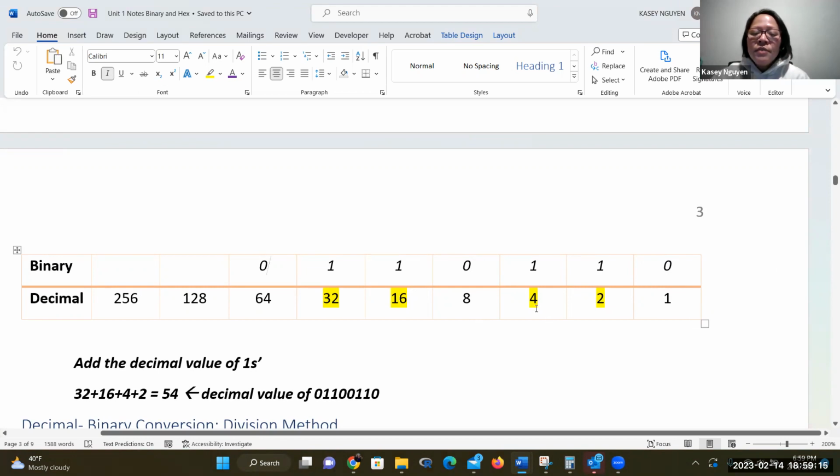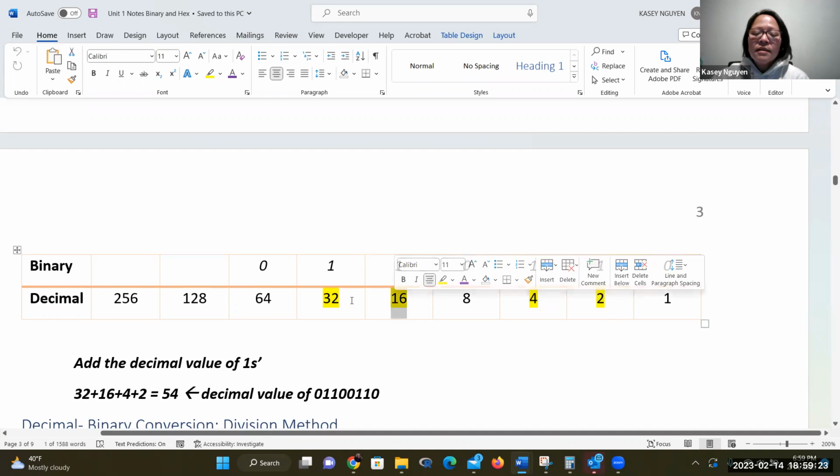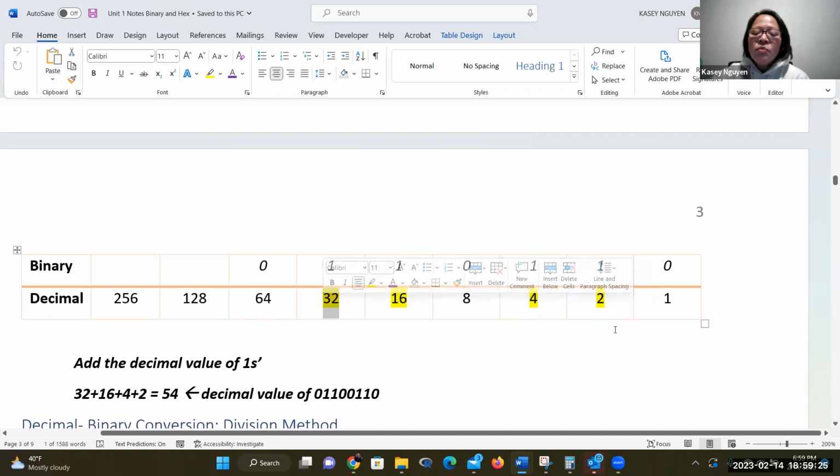Then what you're going to do is identify the bits that have the ones on top and the decimal equivalent. So I know that the second bit, which is 2, that's on. And that's significant because we want to be able to sum up all the bits that are on.